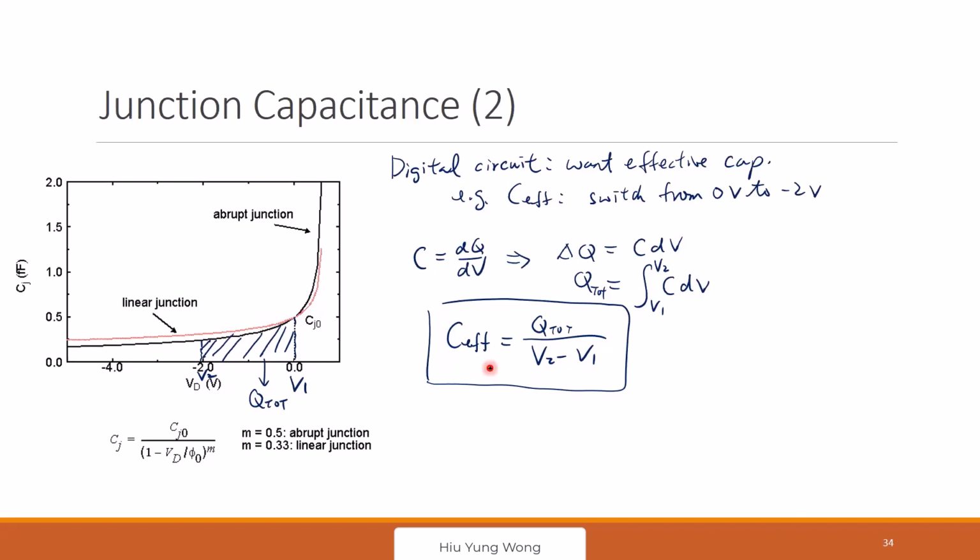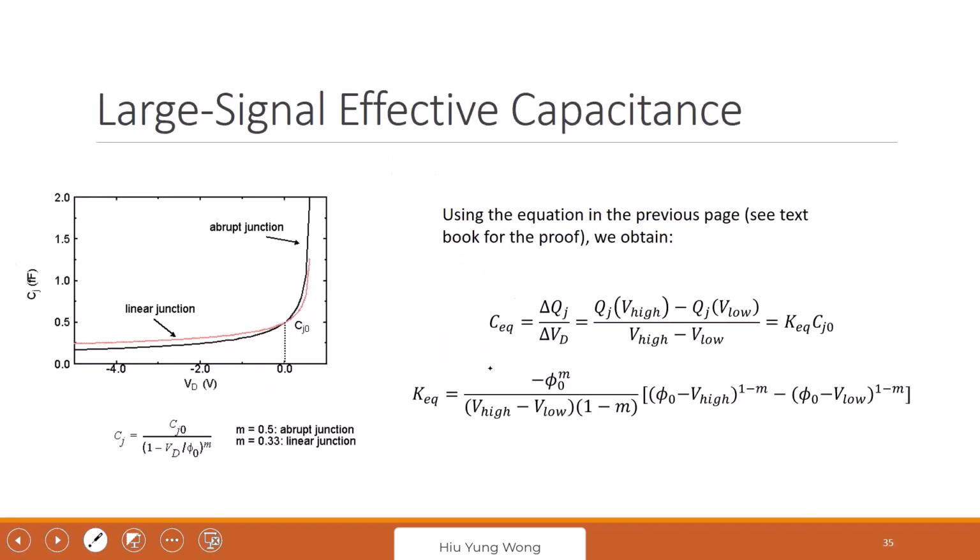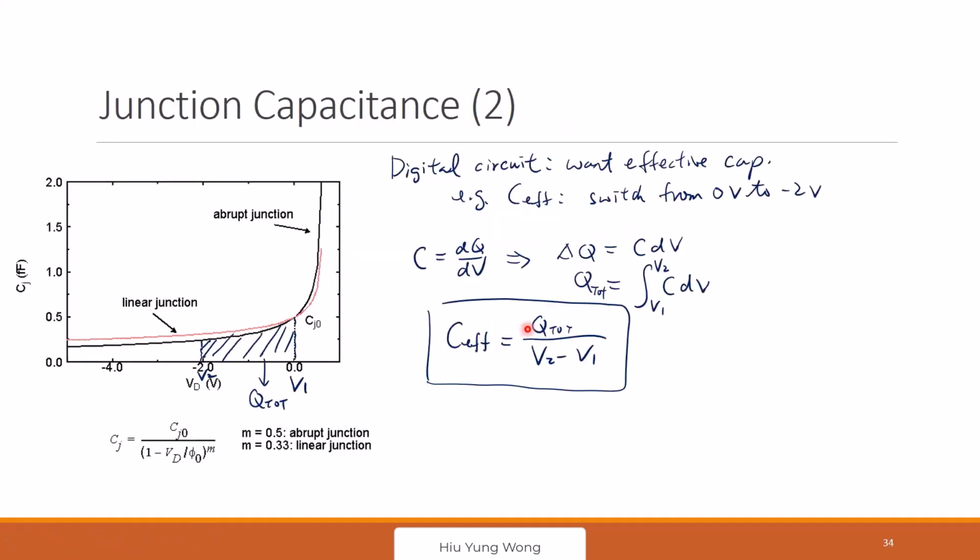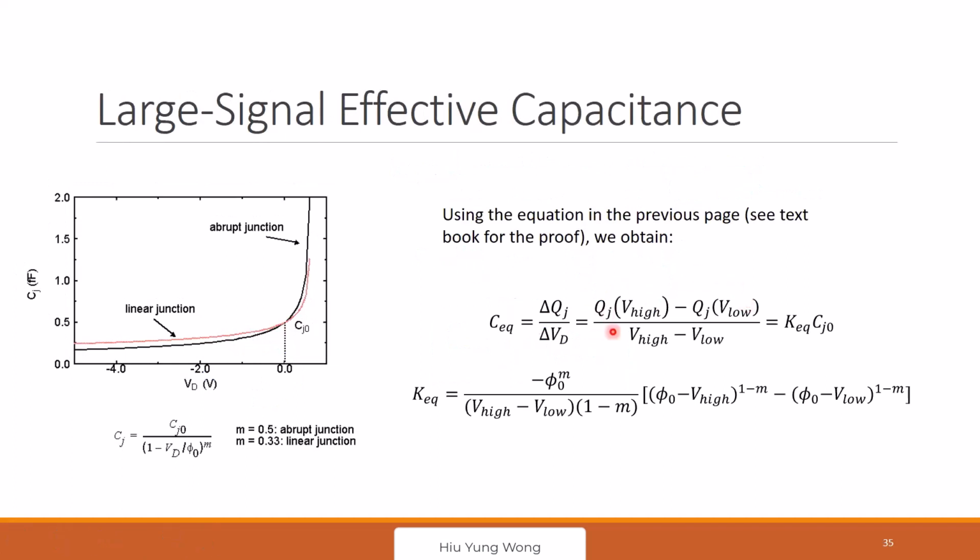I will stop here because time's up. Maybe I should mention this a little bit more. Let me finish this one. How you calculate that is what I just told you, and this is the final equation that you will get. You will get something called K effective times the capacitance at zero bias.